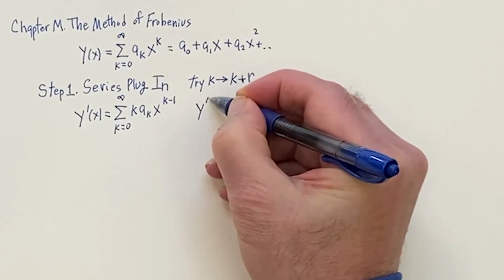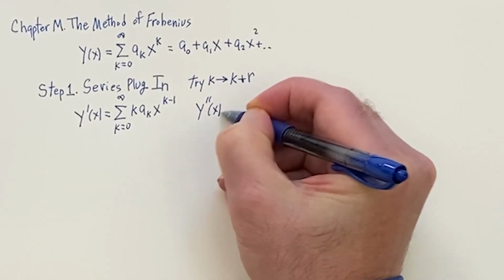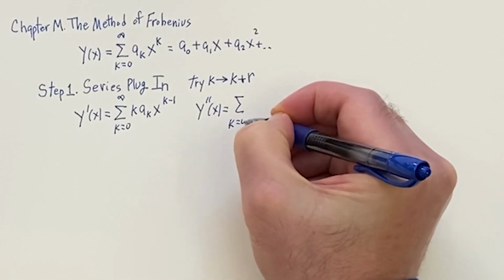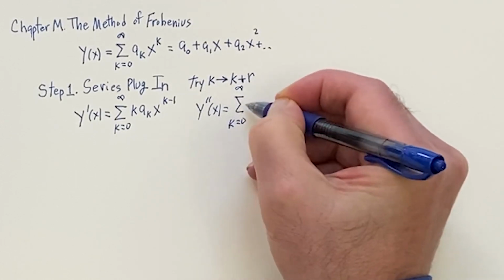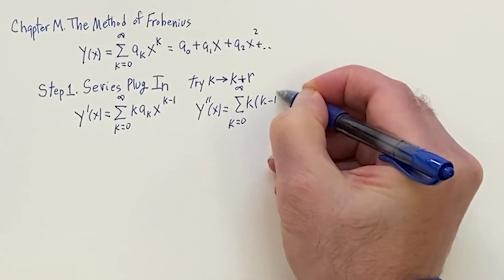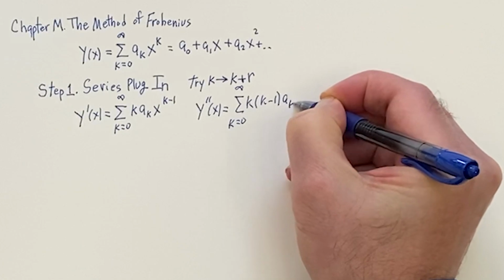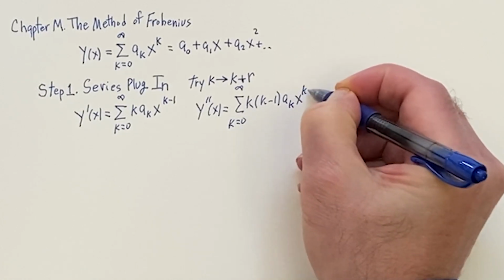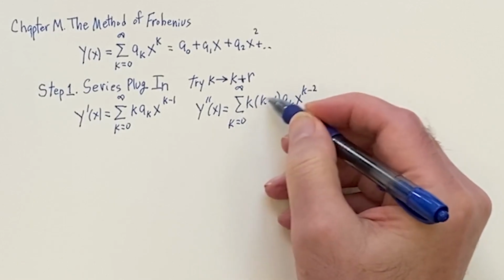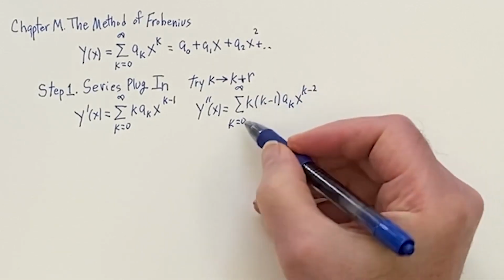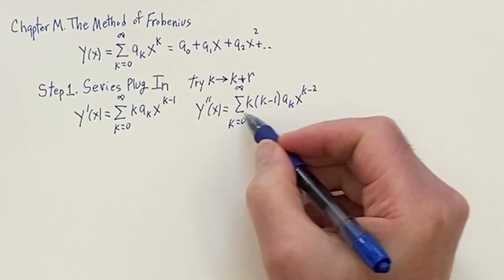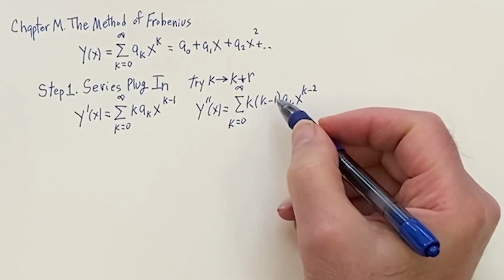Then, if you want the second derivative, we'll let k stay at 0, because when I pull down now the k times k minus 1, when k is 0, I get 0, and k is 1, I get 0. So no harm in leaving the k equals 0, since the first two terms get you nothing.